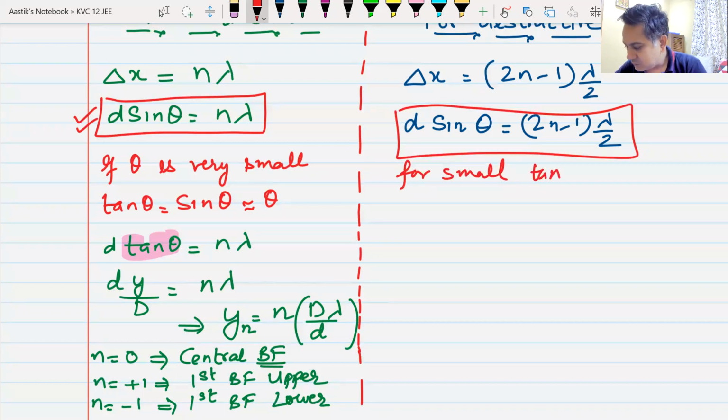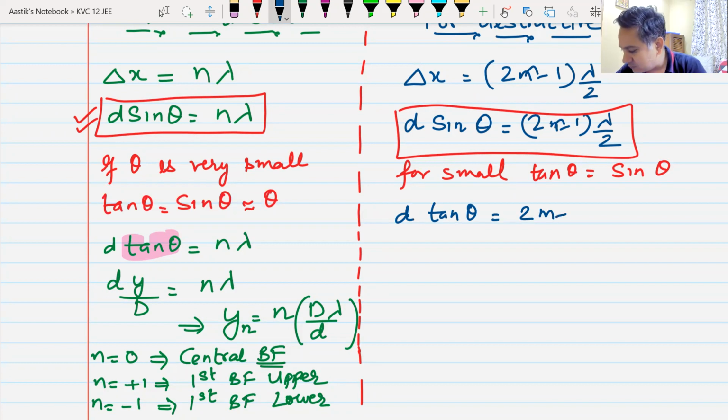Now we can do the same thing for small theta. Tan theta becomes equal to sine theta. So what will I have? I will have d times tan theta equal to 2m minus 1 lambda by 2. Let me not use n, let me use m here so that we take them differently.